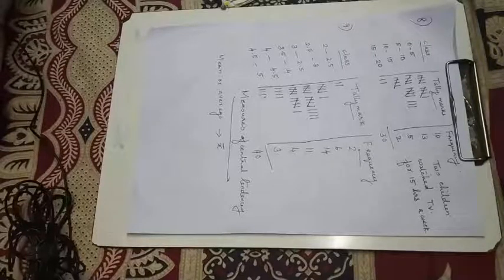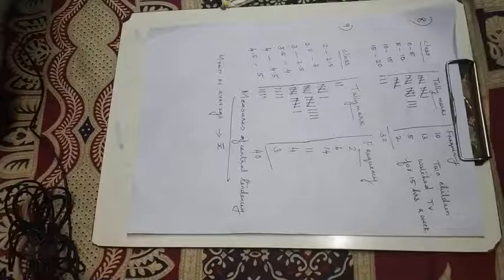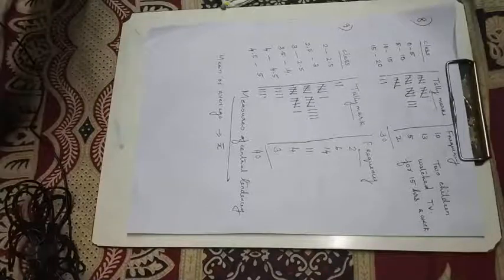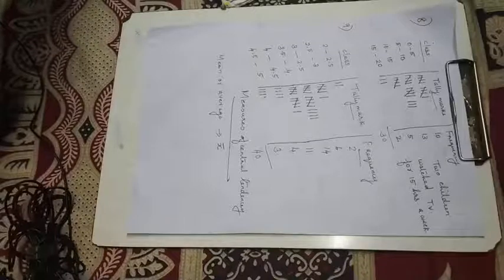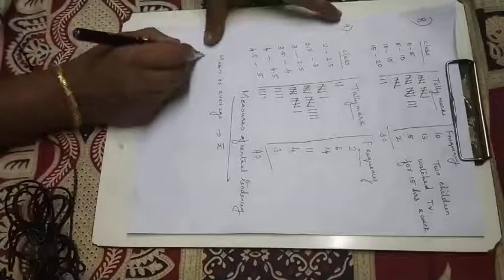So here, how to calculate the mean: in the given observations, you have to add all of them, that is the sum of all the observations divided by the total number of observations.